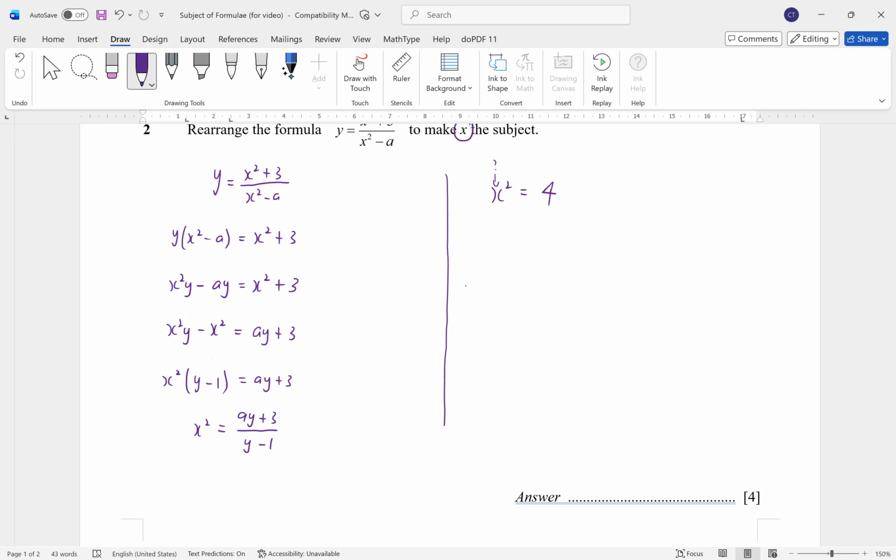We know that the answer is 2. But how did we get 2 from 4? We know of this function, square root. So if we have x squared equals to 4, to find the value of x, we will square root the number. So in other words, x will be the square root of this thing.